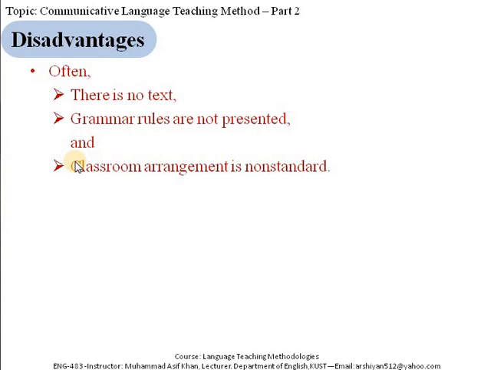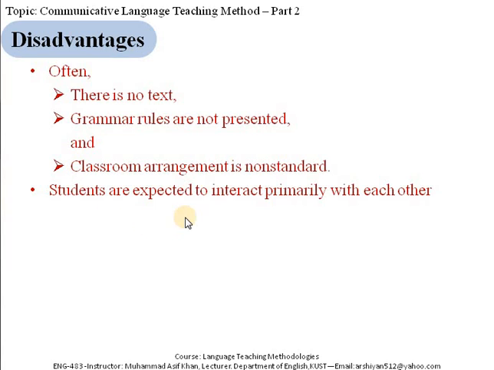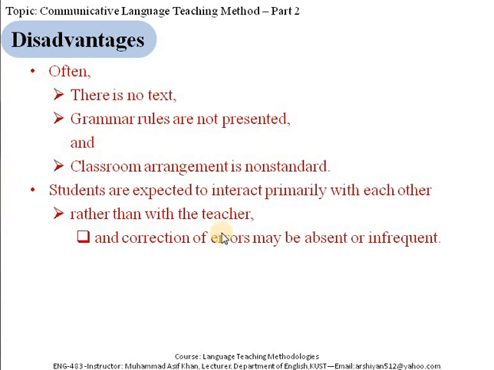In this method, students are expected to interact primarily with each other, and the teacher's role is often reduced while the learners' role is expanded, and that results in errors in the students.